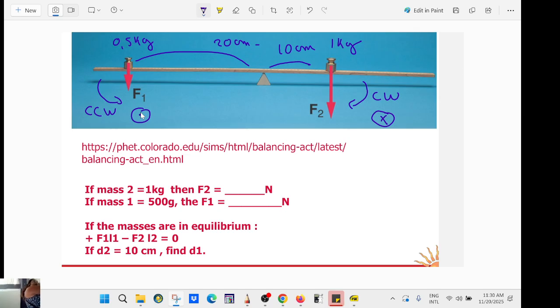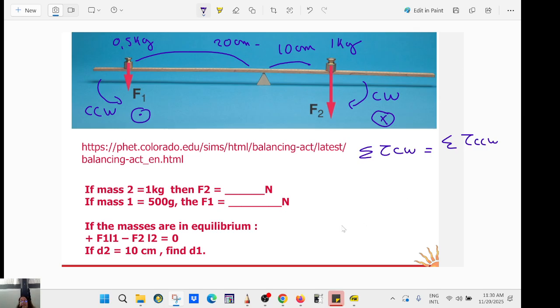Torques are vectors. Okay? So I'm going to write the sum of all the clockwise torques equals the sum of the counterclockwise torques. If I do it this way, I don't put the positive or negative for equilibrium. Remember, like we did everything up equals everything down, everything right equals everything left.